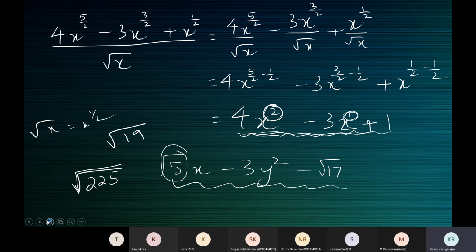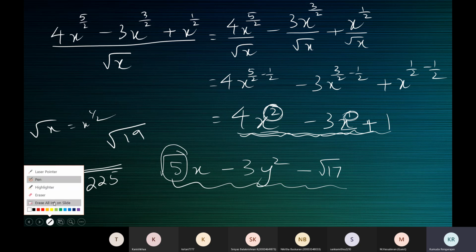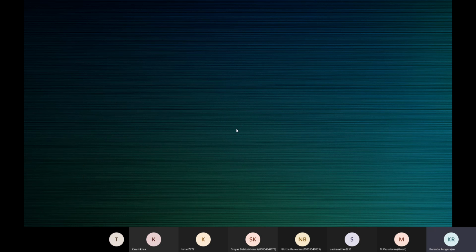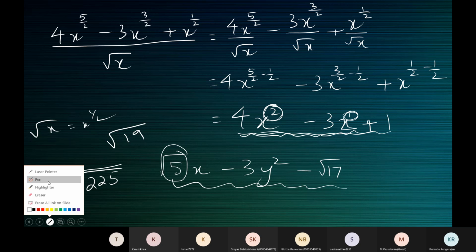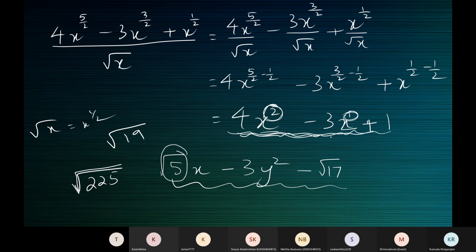To simplify, we need to first simplify and then comment. On simplifying, this is what we get. Variable power, whole number, polynomial.